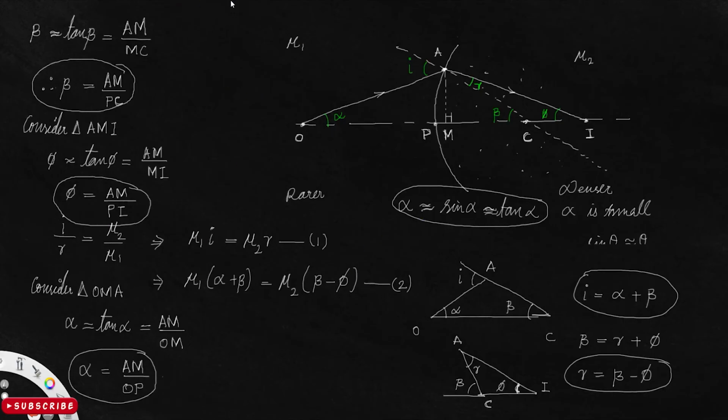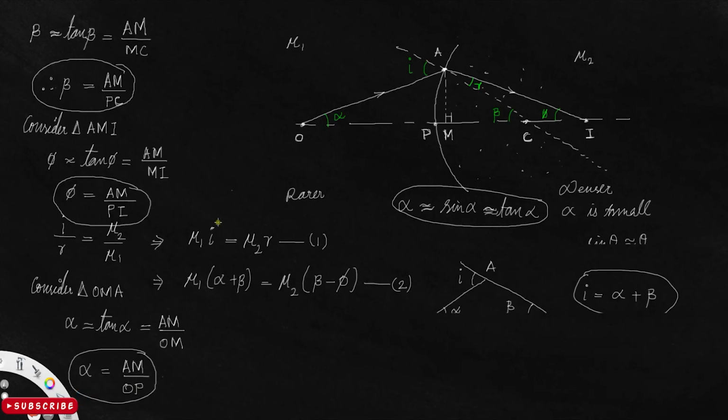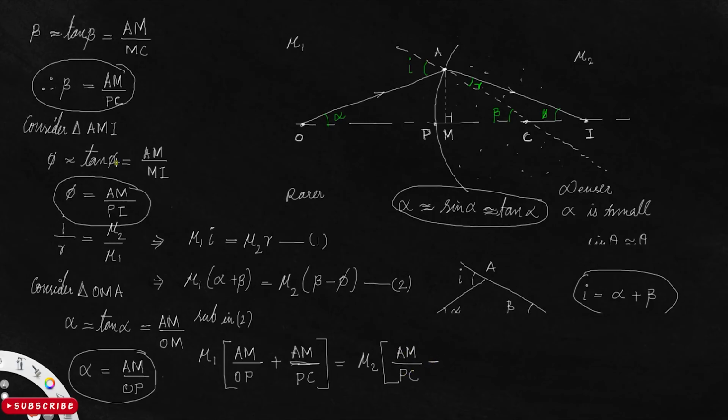So this equation 2 will become, substituting in 2, mu1 into, instead of alpha I can write AM divided by OP, plus, instead of beta I can put AM divided by PC, is equal to mu2 into beta, which is AM divided by PC, minus phi, which is AM divided by PI. Clear?